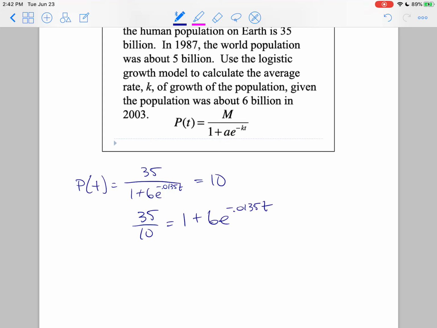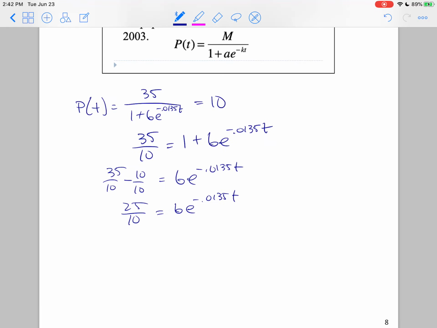Now I'm going to subtract 1 from both sides. So we have 35 over 10 minus 10 over 10. That's 6e to the negative 0.0135t. So that gives me 25 over 10 equals 6e to the negative 0.0135t.